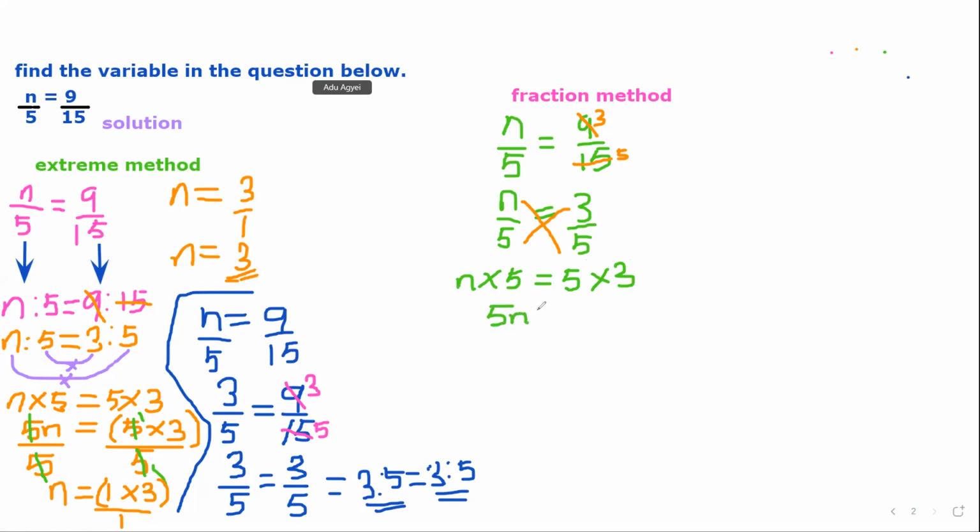Okay, equal to, let us assume that we don't know 5 times 3, so you put them in a bracket. 5 times 3 here. Okay, because we wanted to find the n, not 5n, so you must always divide both sides here by the number attached to the letter, which is the 5. So here divide by 5, then this 5 will take care of this 5, okay? So that n will be free.